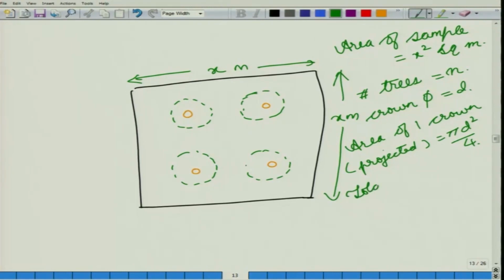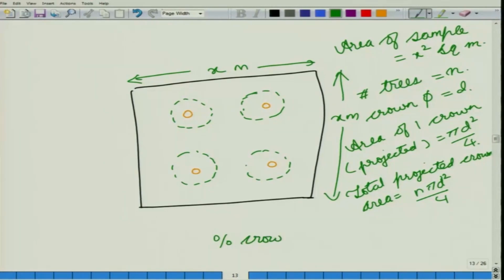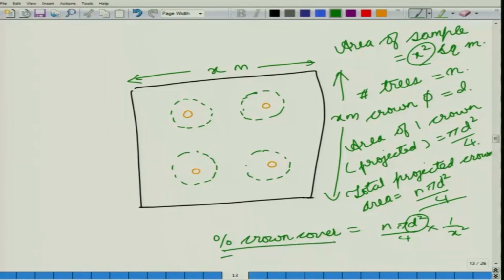So, the total projected crown area, because there are n trees, will be n into pi d square by 4, and if we wanted to get it in a percentage, the percentage of the crown cover will be given by this area, that is n times pi d square by 4, divided by this area, x square. So, here we can see that as we increase d, our percentage of crown cover also increases.